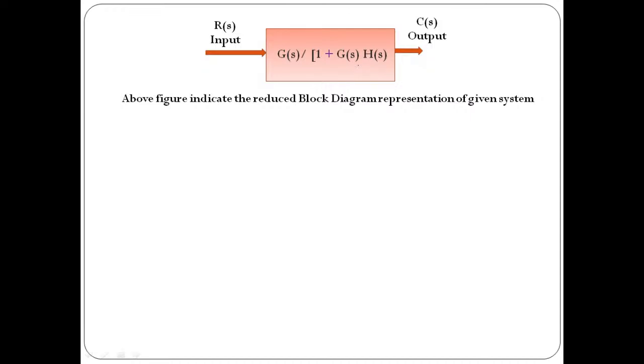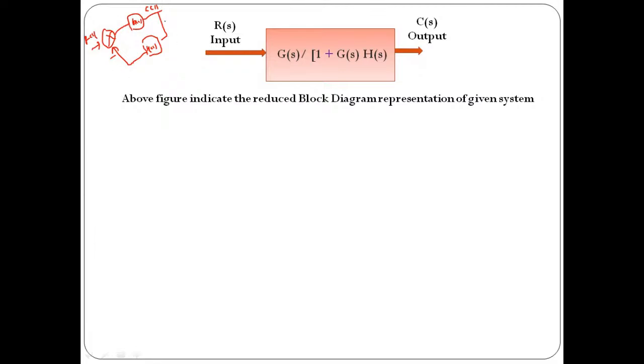So what I mean to say is, the system that you had available, the bigger one, where we have the gain like G of s, then somewhere here we have the summing point, and then here we have R of s, and the output is C of s. Then we are having a feedback gain H of s like this.